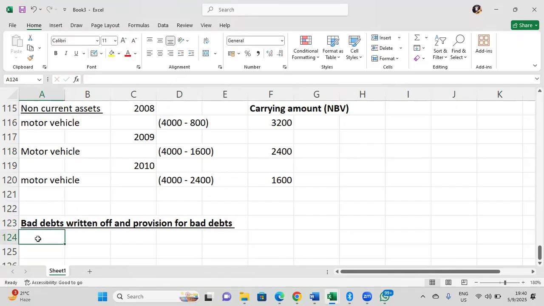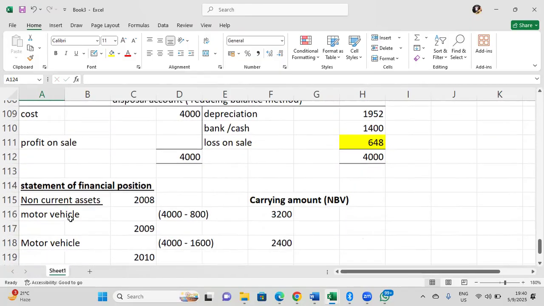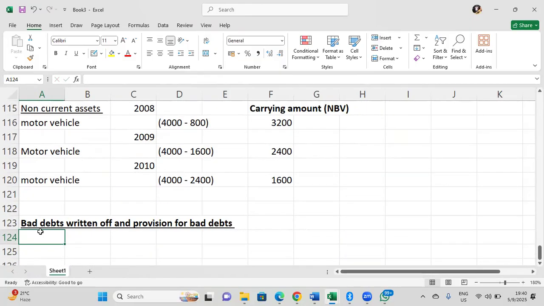So we have those that we have written off, and we also have a provision for bad debts.